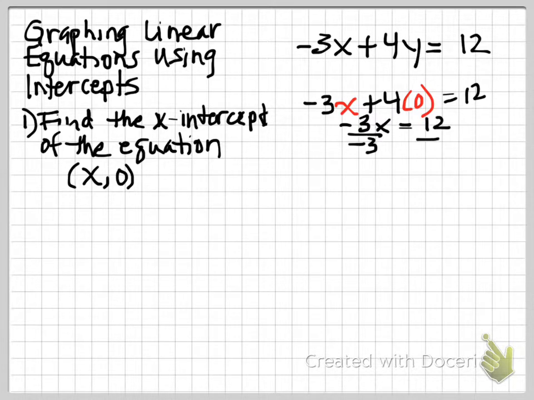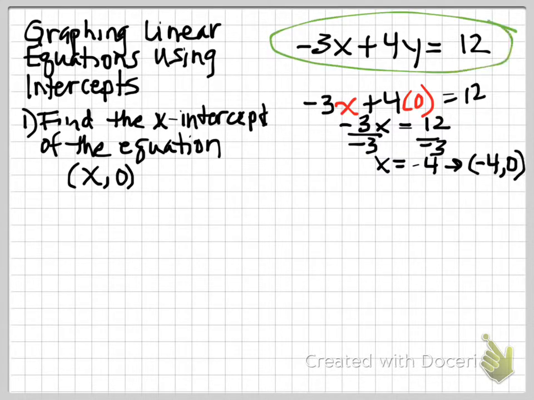Divide both sides by negative 3, we get x equals negative 4. So we would say the x-intercept is at negative 4, 0. This is why people like to use this method, because the numbers work out kind of nicely. But did you notice how my equation was written? Must be in standard form.